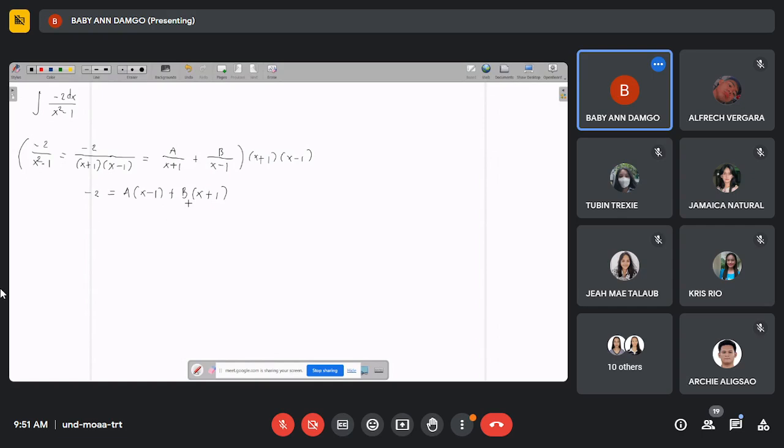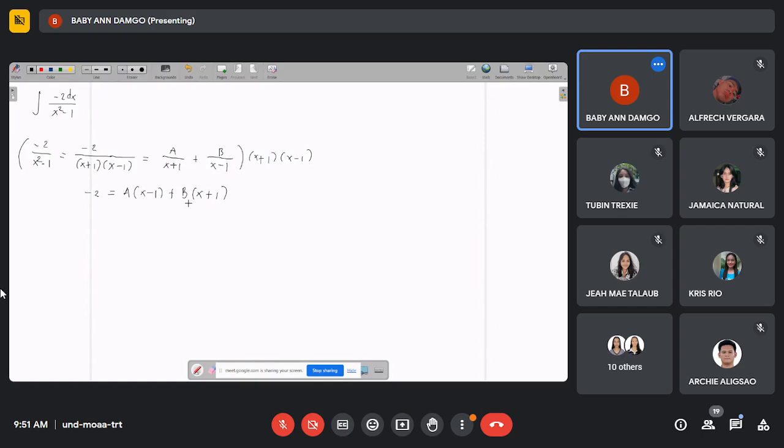Okay? Next, again our goal is to make a term 0. So we let x be equal to negative 1. This implies that in this equation, negative 2 is equal to a times negative 1 minus 1 plus b times negative 1 plus 1.